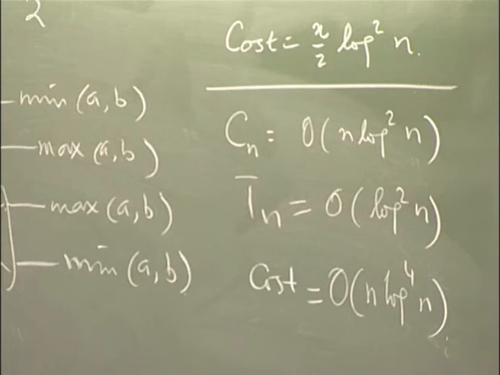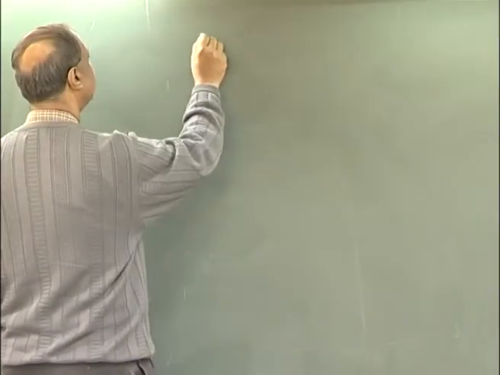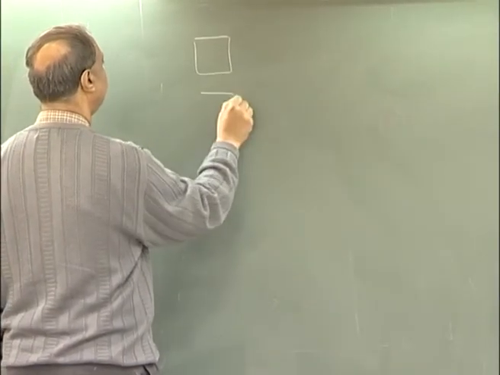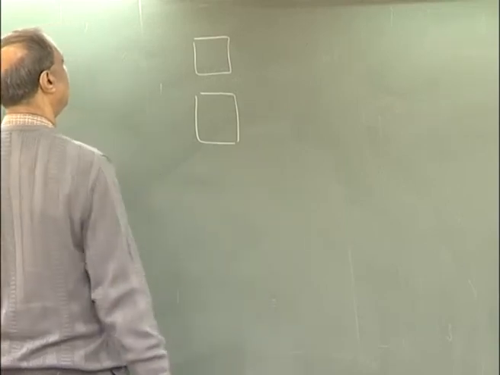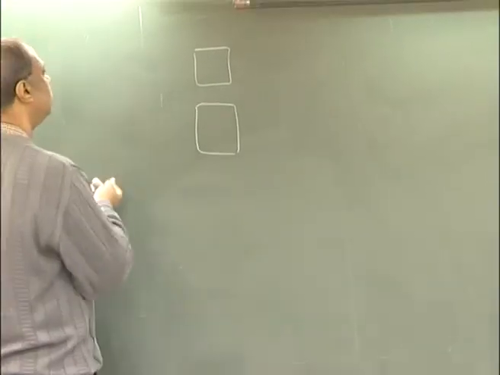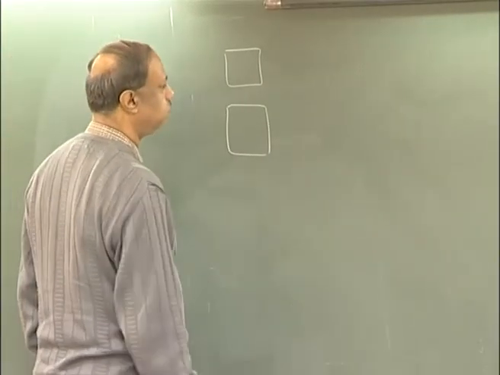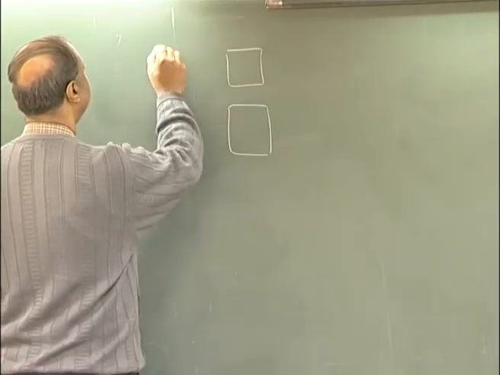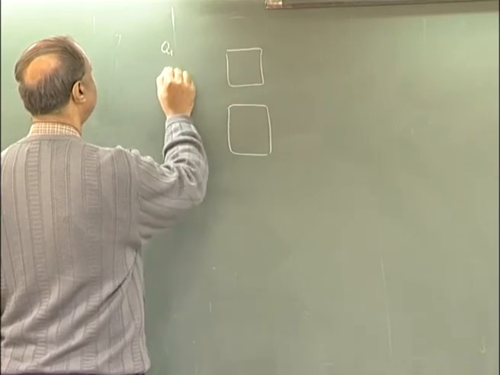Now what should be the basic unit of bitonic? Basic unit will be, suppose you have four elements, and which form a bitonic sequence.